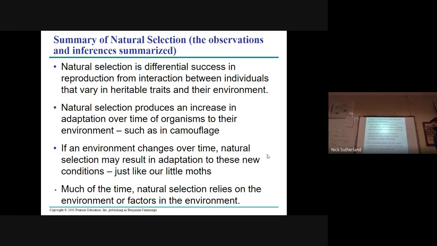Okay? And we're going to take some time out here, and we're going to look at some extreme versions of camouflage to show you just how extreme this adaptation over time can become. Because some organisms are so adapted to a very specific environment.